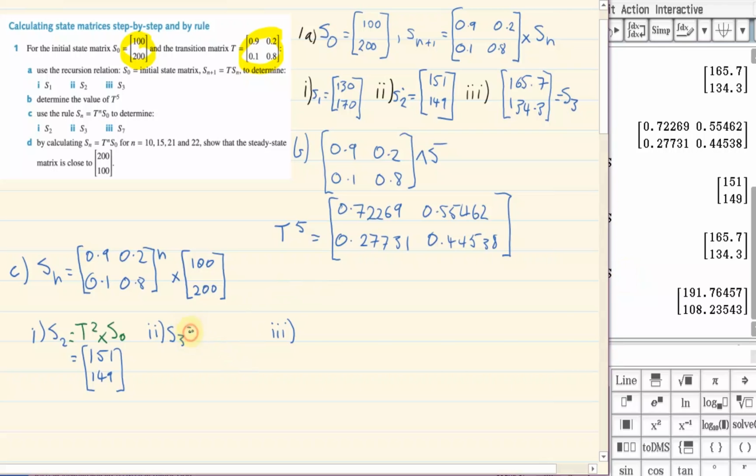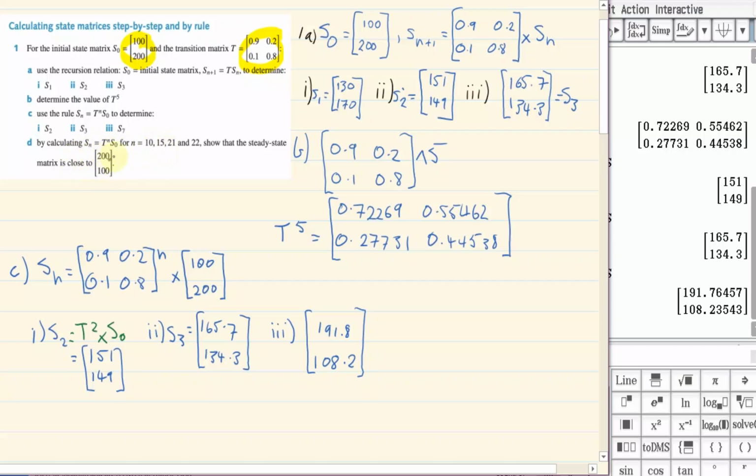We can see we've got 165.7 and 134.3, and then for this one, to one decimal place, 191.8 and 108.2.